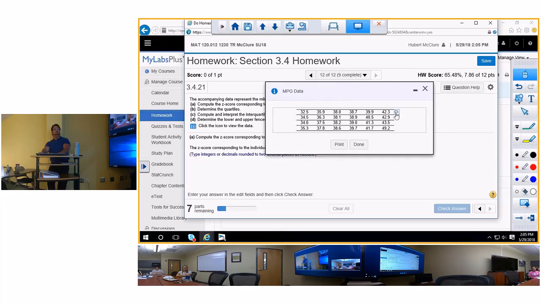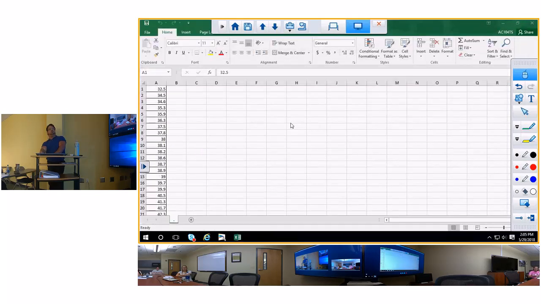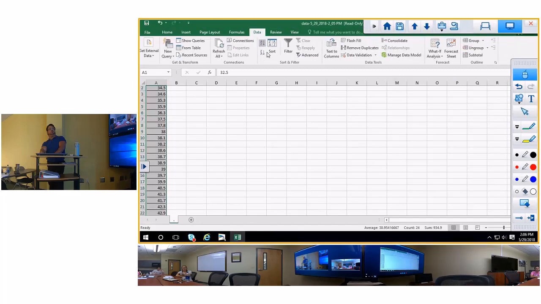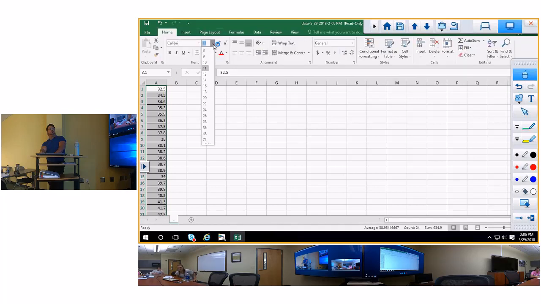So I'm going to take it to the Excel spreadsheet. Once I get it there, I want you to copy it down and see what you can come up with for the interquartile range. I'm going to put them in order for you so you don't have to take the time to do that. I can make it a little smaller, but you won't be able to see it.